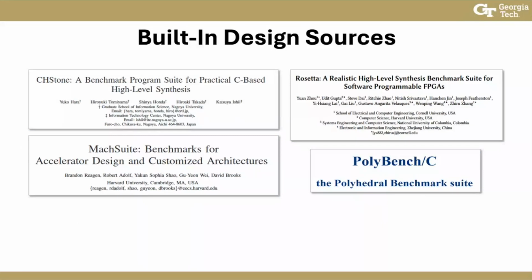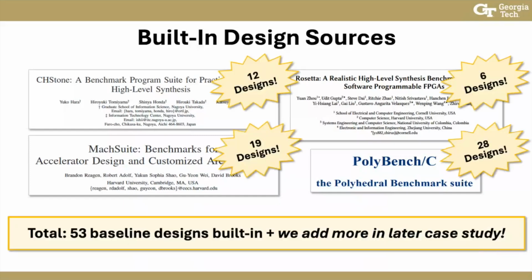In HLSFactory, we actually include built-in design sources for common HLS benchmarks. And so what I'm presenting now in total has 53 benchmarks. These are from things like CHStone, MachSuite, Polybench, and Rosetta, which are the most common HLS benchmarks in the community. And I will talk about adding more designs later because we have done significant work on that as well.